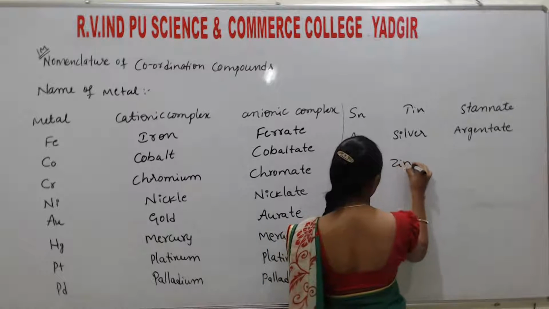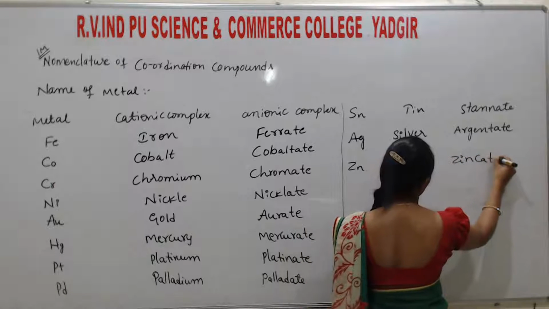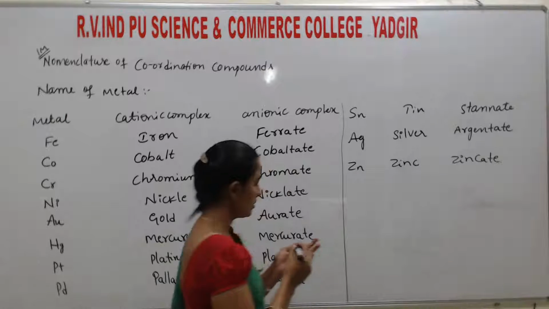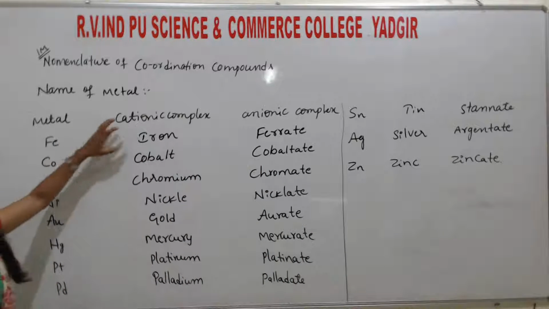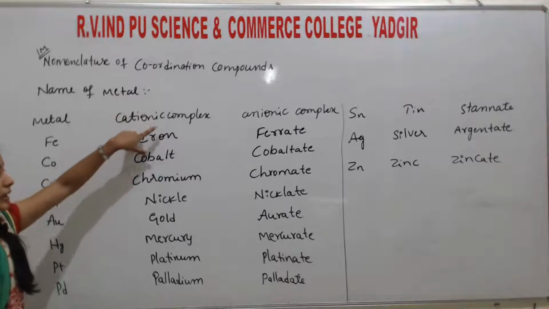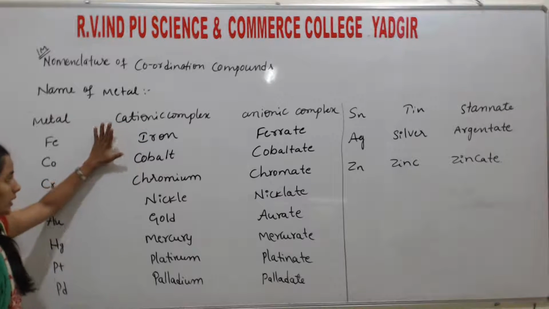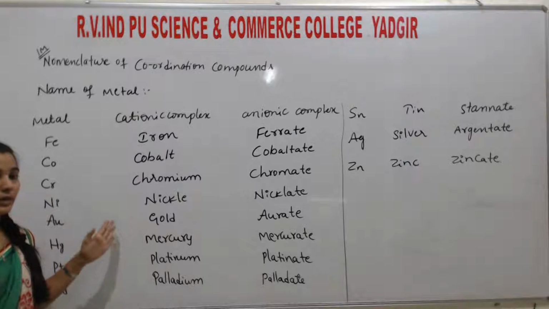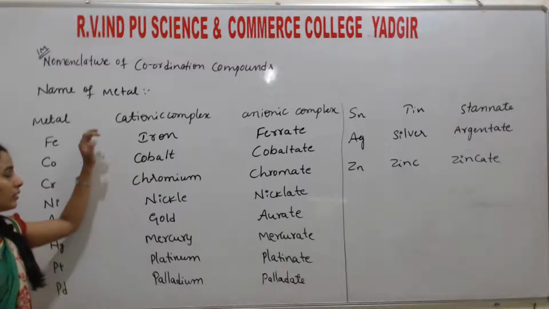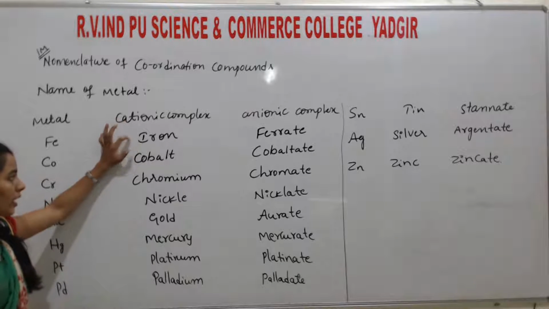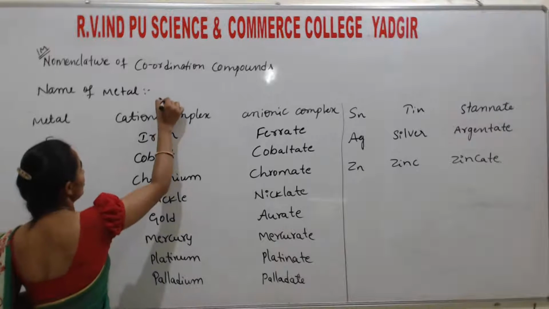Zinc is there. Here it is zinc. Similarly, students, as I told you, if any metal is there, if it is dissociated as a cationic complex, then the name of the metal is as it is, like a metal atom. If it is neutral or cationic, the name of the metal follows the same: iron, cobalt, chromium, nickel are the same, cationic or neutral.